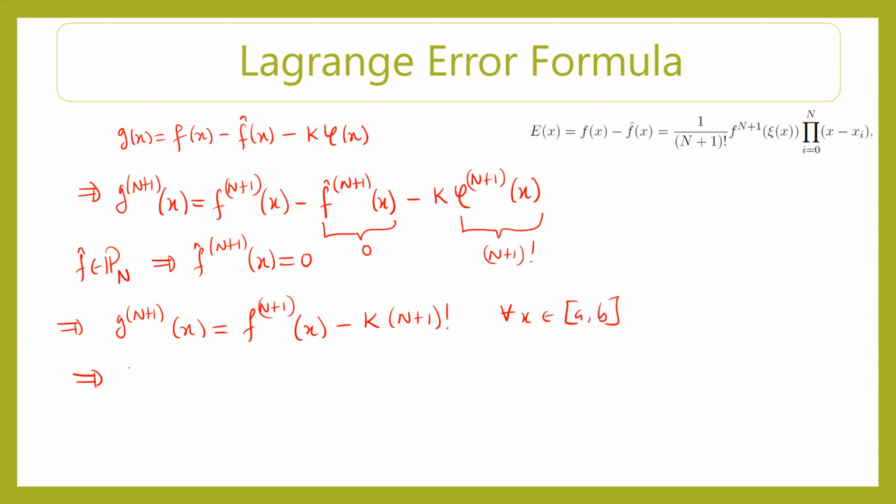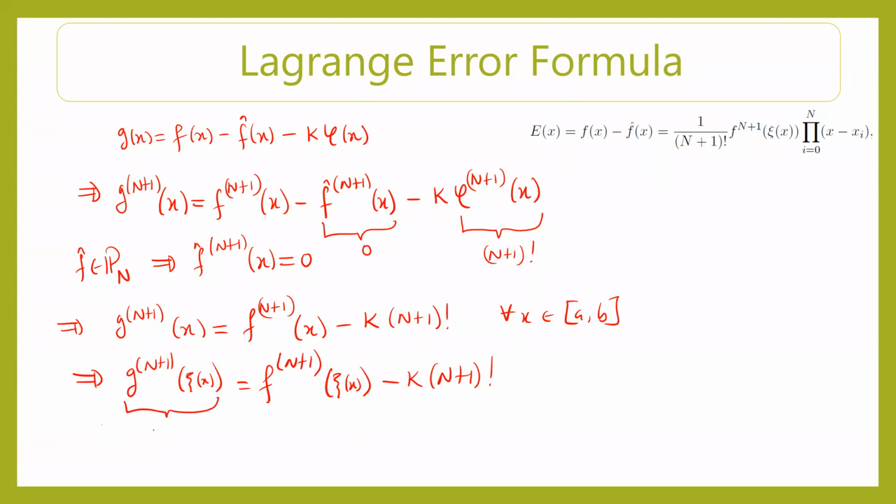So particularly for zeta, we will have G^(n+1)(ζ) equals F^(n+1)(ζ) minus k times (n+1) factorial. K here is a constant. All right, so what we get here is that the left-hand side is 0.